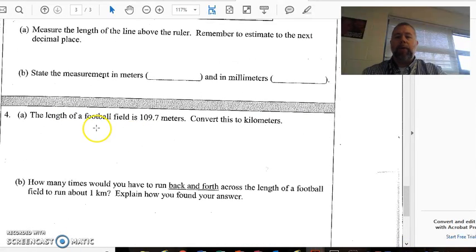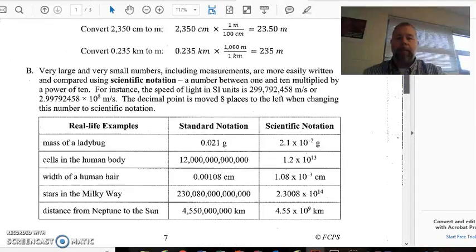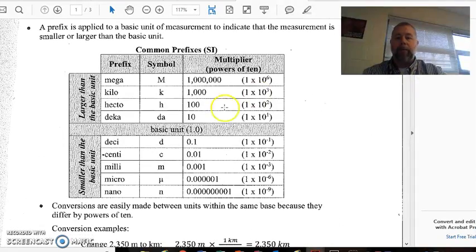Okay? So if you have the length of a football field here is 109.7 meters. You're converting this to kilometers. We come back up here, our basic unit. We were in meters, we're going to kilometers. So the decimal point is going to be moving to the left, okay?